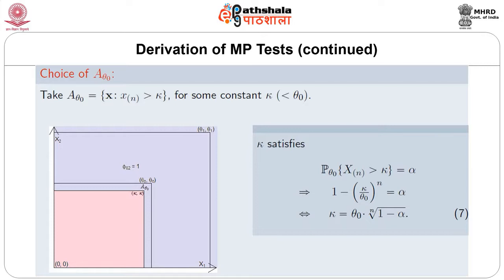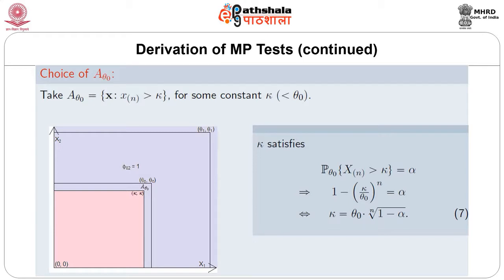So, k satisfies probability x order n is greater than k under theta naught is alpha, that is, 1 minus probability x order n is less than or equal to k under theta naught. Now, probability x order n is less than or equal to k is k by theta naught to the power n.